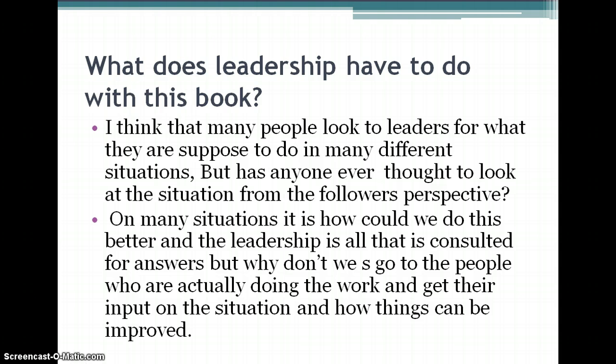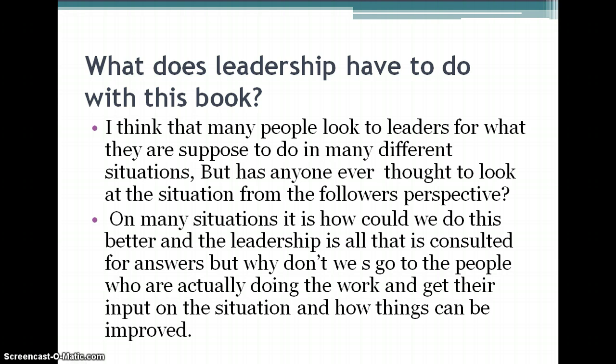What does this book have to do with leadership? I think many people look at leaders for what they are supposed to do in many different situations, but everyone has a situation that they need to step back and look at. Not everything goes a certain way or by the book. Things can change, and some people need to step back and look at the big picture from maybe, in this case, the follower's view.